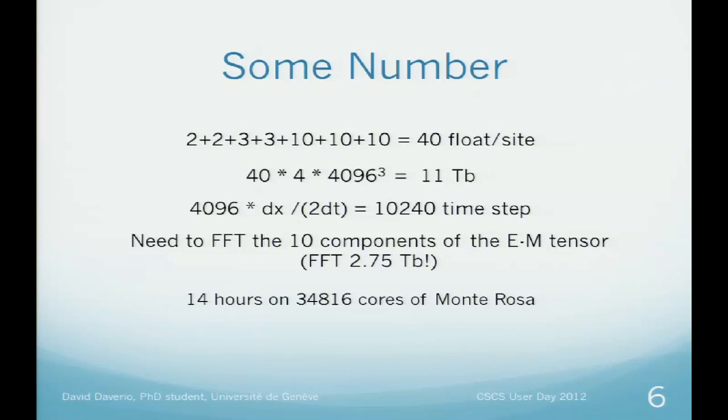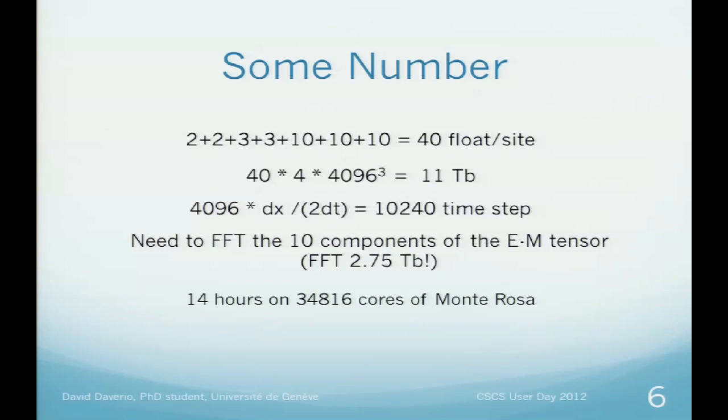So it means around 10,000 time steps. And we need to perform the FFT of the energy momentum tensor to be able to have the UETC, the unequal time correlator. So we need to perform an FFT of 2.75 terabytes of memory, and we perform it 150 times per run.